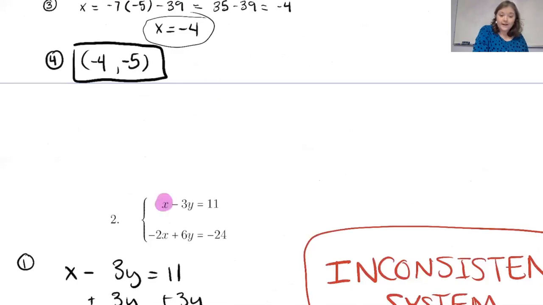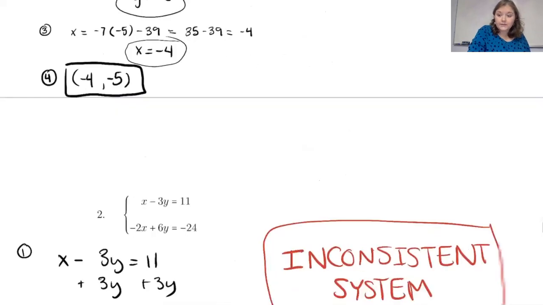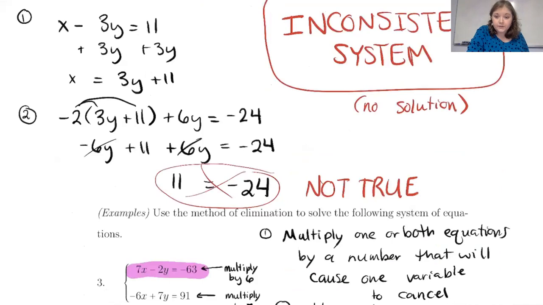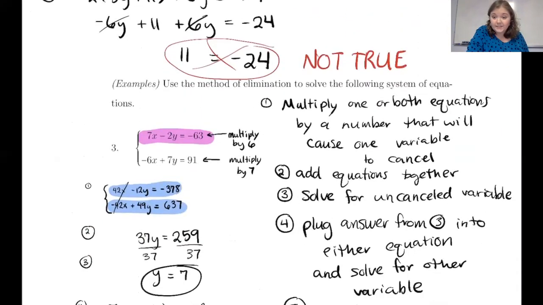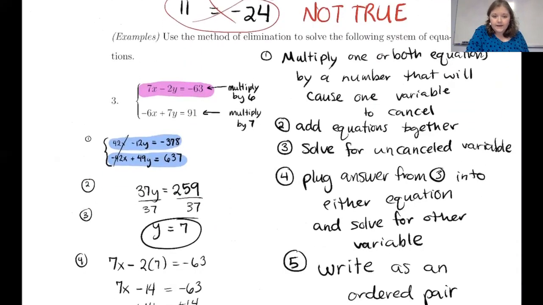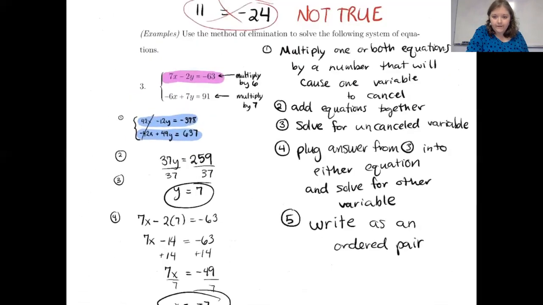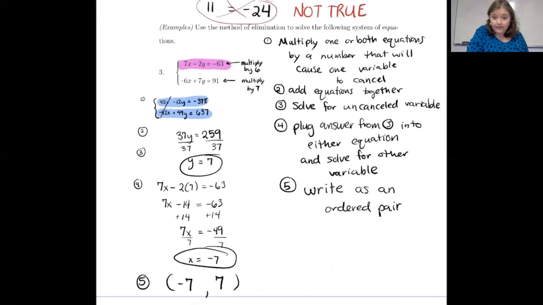Then number 2, we also had x without a coefficient. So what I would suggest is to use substitution for those, because it is very easy to isolate the one variable x, or probably y in some of them. And then if they don't have a variable that is easily isolated, I would suggest using the elimination method. But really, any of the systems of equations that we have can be solved using either method.